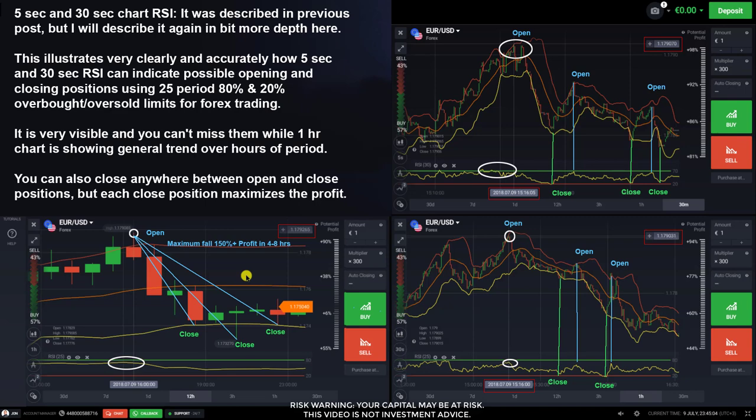But this is a continuation, basically to explain how to open and close Forex trades using very obvious and clear, visible signals or indicators.